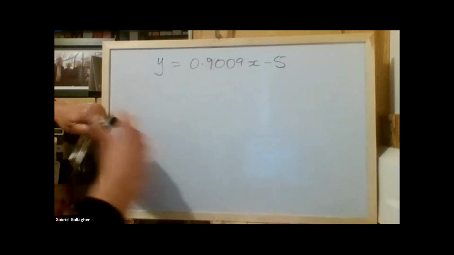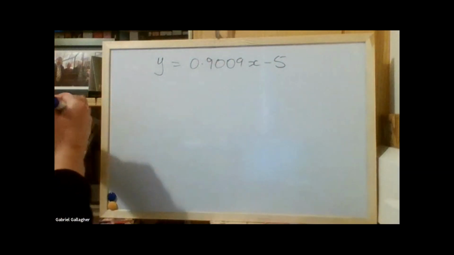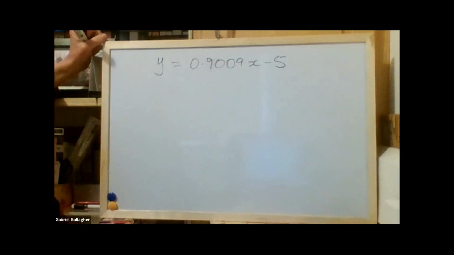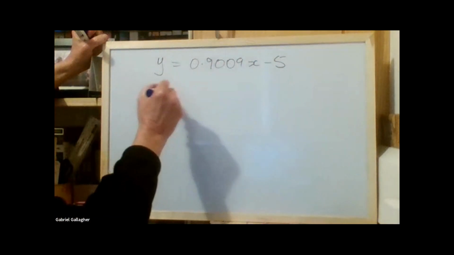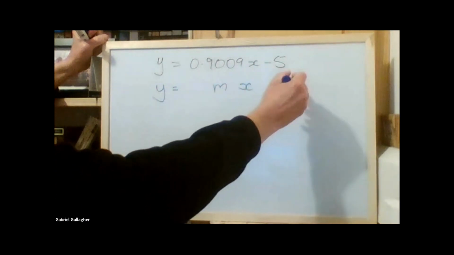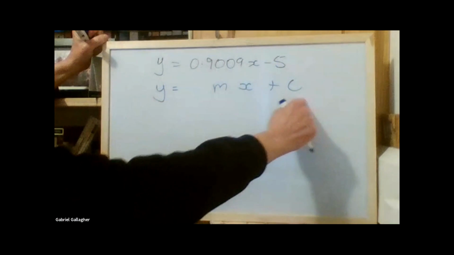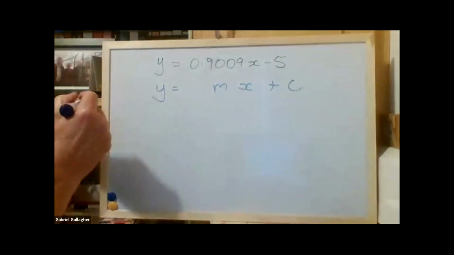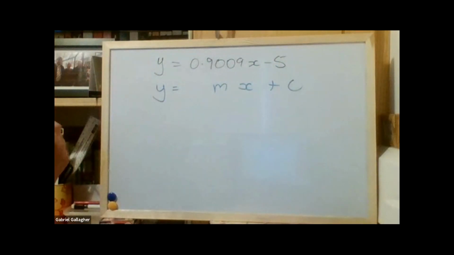Now, how does that help us? Well, you should probably have come across y equals mx plus c. This is the equation of every straight line with y and x axis.